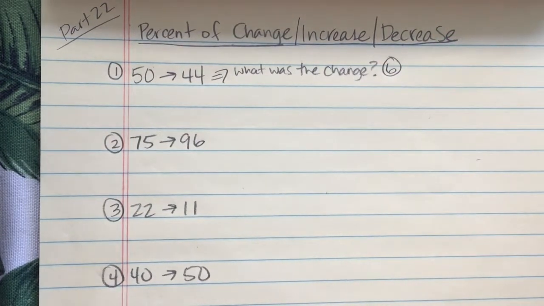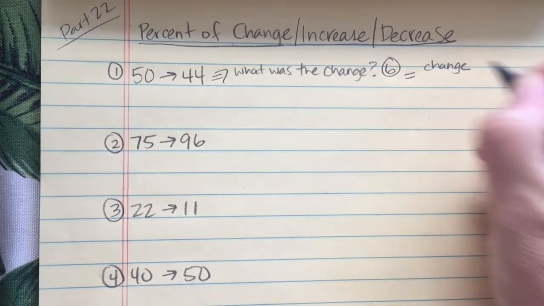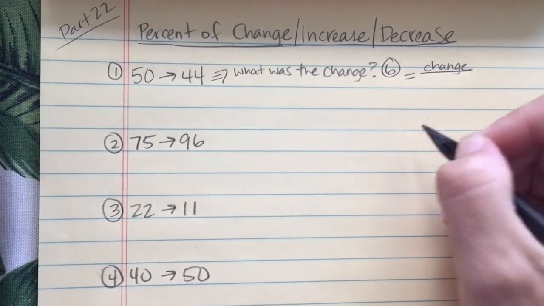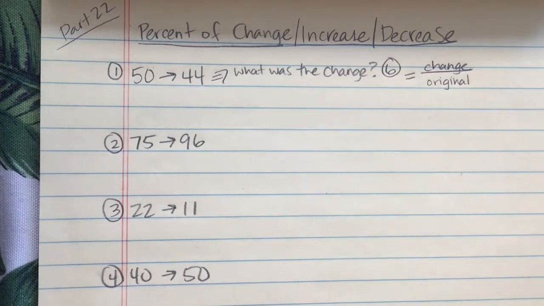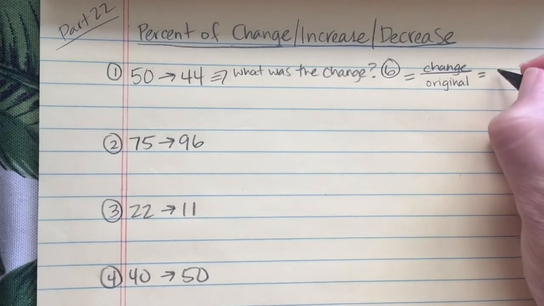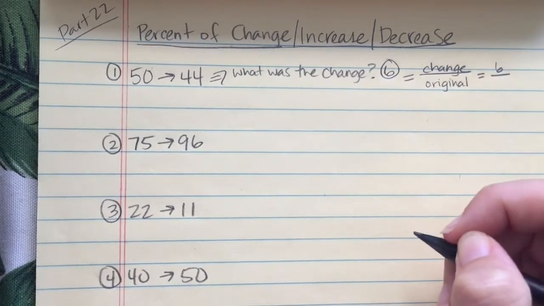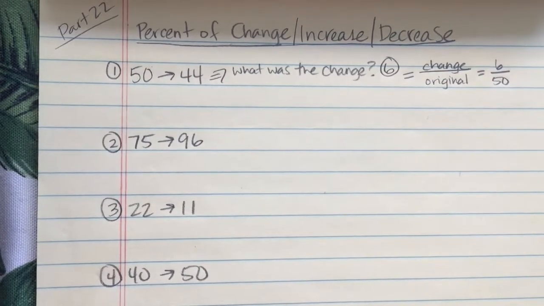Now, all you're going to do is make yourself a little fraction. You're going to put the change on the top and the original price or the original amount on the bottom. So in this case, our change was 6. And our original amount was 50. Now you have a fraction.